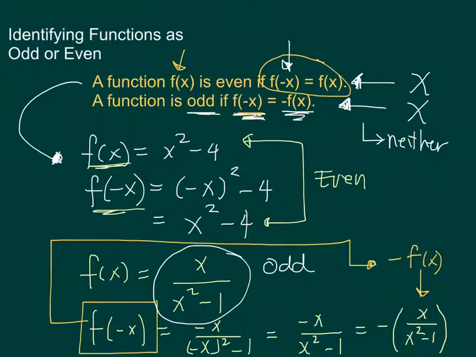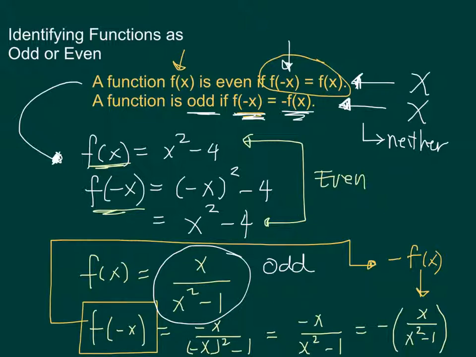Okay, so always keep in mind the fundamental idea when you identify functions as odd or even. All we need to check is what you will get if you perform f of negative x, which means you substitute negative x for the x of the function.